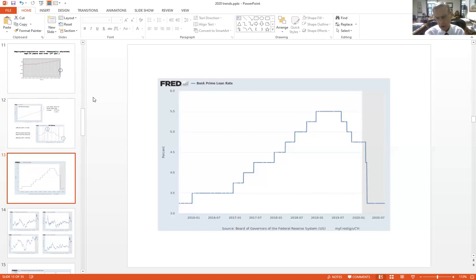And we can see just how sharply the prime rate dropped in the first quarter of this year. It dropped from something like 4.7% to 3.2%. That's real sharp.